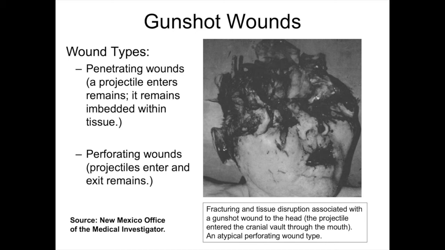The damage we're seeing here results from the expulsion of gas and projectiles from the barrel within a very close, confined space, in this case the mouth and the skull. So this is a pretty good example of an atypical gunshot wound injury, and again it would be considered to be a perforating type of wound track.